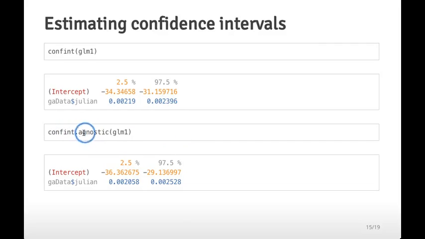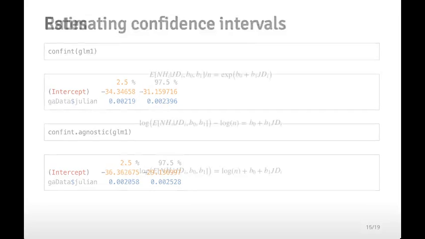If you do the model agnostic confidence intervals, you get intervals that tend to be a little bit wider. For example, the confidence interval for Julian date is a little bit lower on the lower bound and a little bit higher on the upper bound. So it's a little bit more conservative, but it doesn't make that assumption of equal mean and variance.